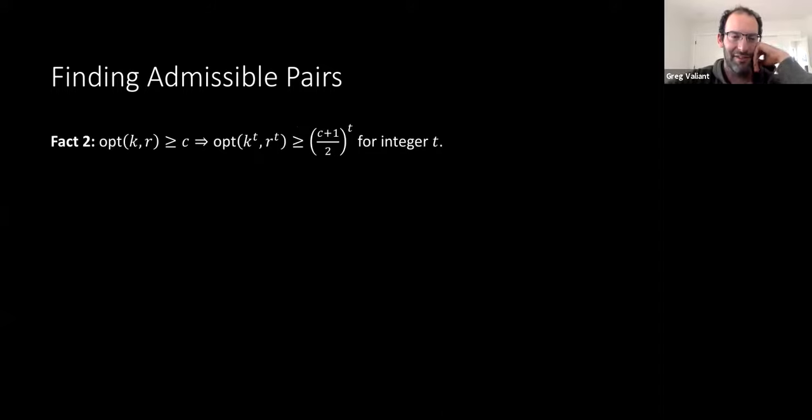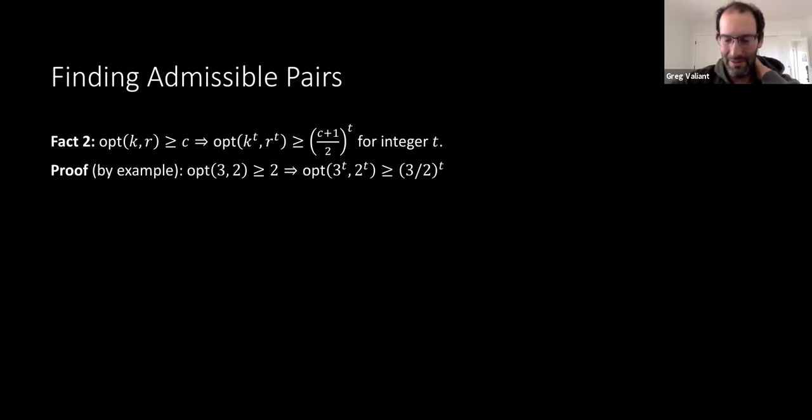There's also this nice property that if you have some nice construction for the adversary where you start with k entries and r rounds, then this can yield a strategy where you have k to the t entries and r to the t rounds, for any exponent t.